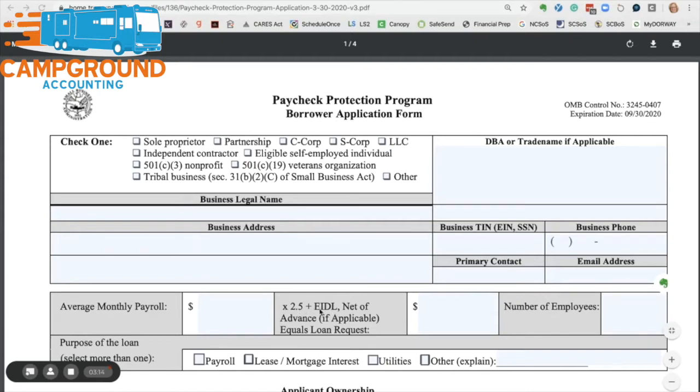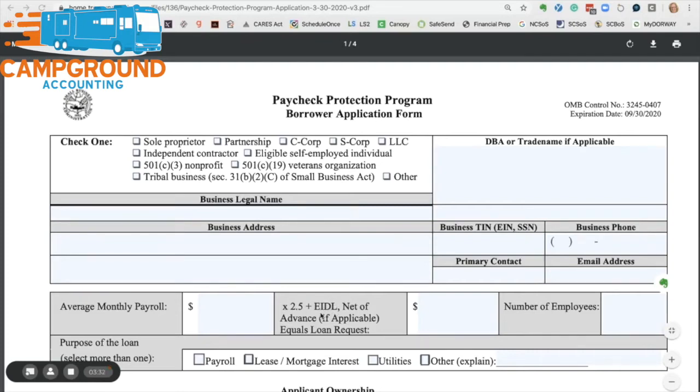Now they're mentioning the EIDL here. It says EIDL net of advance if applicable. So if you applied for an EIDL grant of the $10,000 or up to, and you received that, you don't need to enter anything at all.